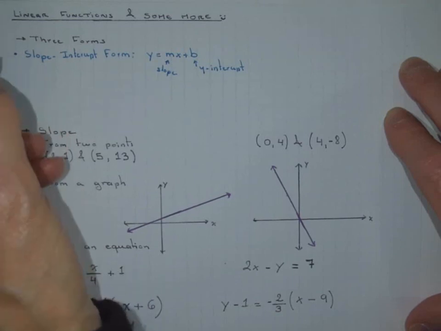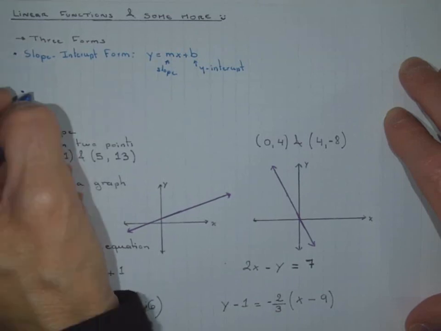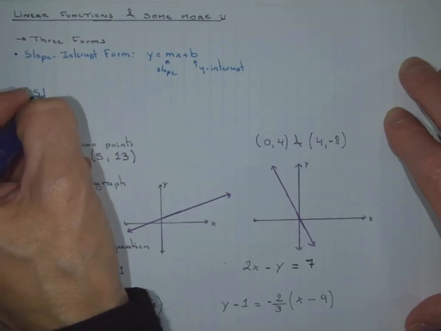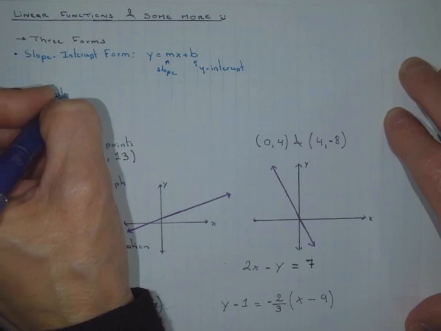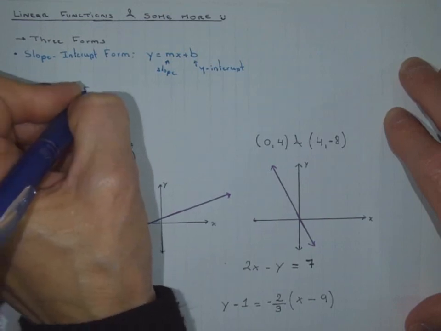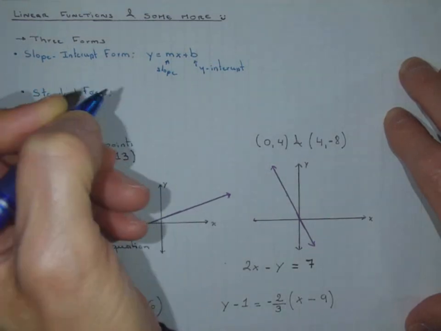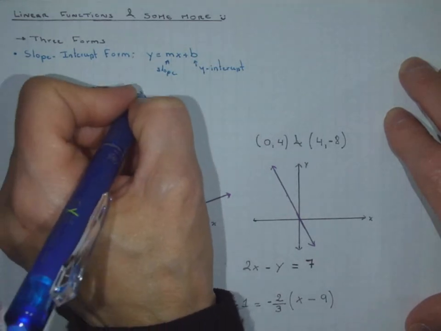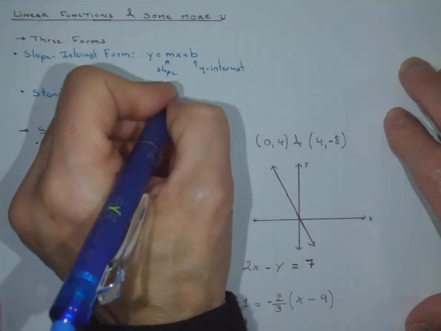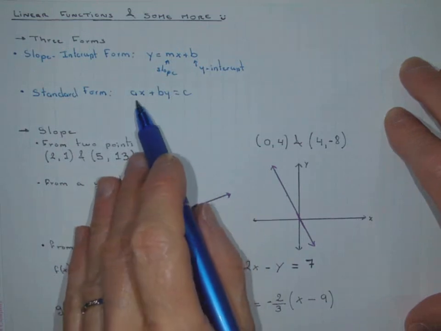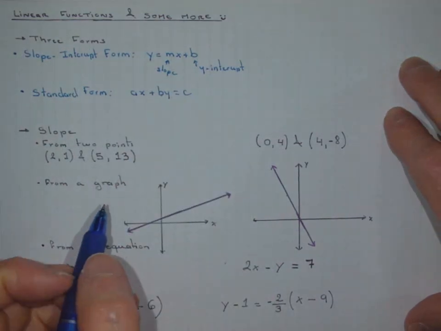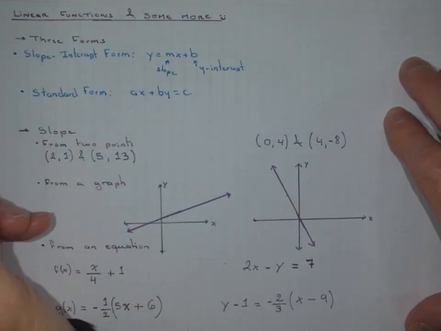The next form of a linear function will be what we call the standard form. And that will be ax + by = c, where a, b, and c are just real numbers, right? Just values. It could be a positive value, it could be a negative value, it could be a fraction, but they're real numbers.